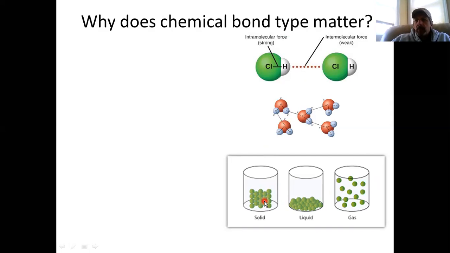Imagine weakening that by adding energy. If we add energy, maybe we smack it with a hammer, that's adding energy. Maybe we heat it up, that's adding energy. What can happen is that energy can weaken the intermolecular force and cause the solid to enter the liquid state. We call that melting. By weakening the intermolecular force, we affect the state of matter.